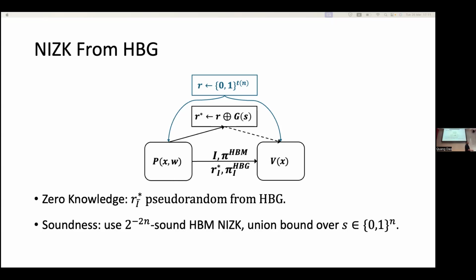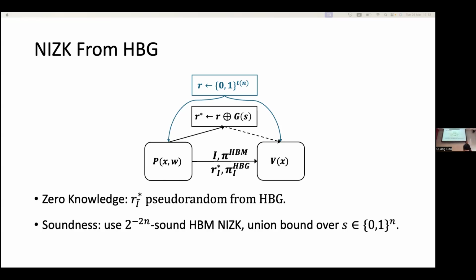Now, in addition to that, the prover should also reveal to the verifier the revealed bits. So it also reveals r star at subset I and a proof of consistency. Okay, so in addition to publishing an HBM proof with respect to r star, we also reveal what we need to reveal according to the subset that was chosen by the HBM NIZK, and we give a consistency proof.